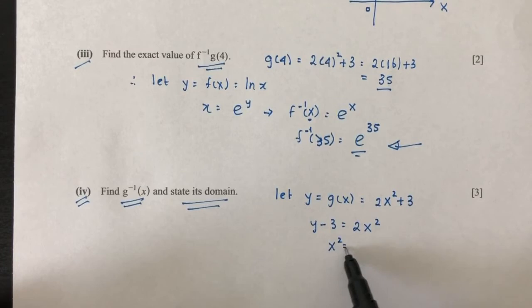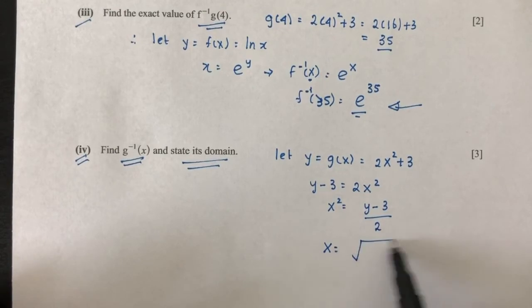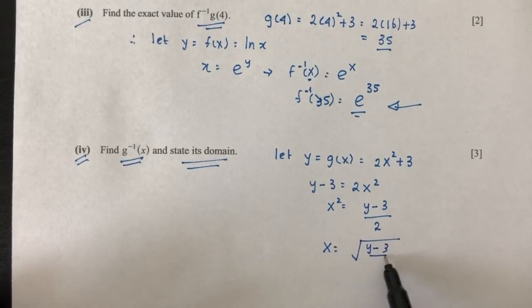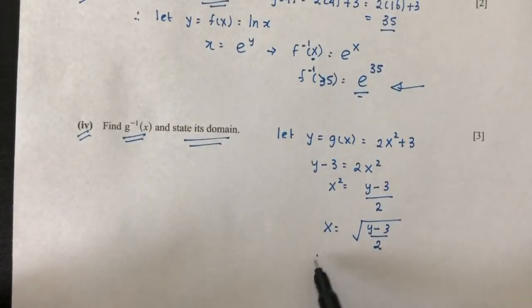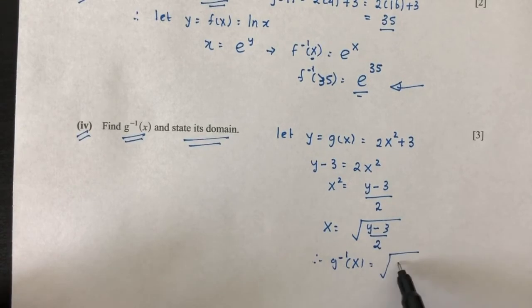So x squared becomes y minus 3 divided by 2, so x becomes the square root of (y minus 3) over 2. Now g inverse is in terms of x, so we change y to x. So that is my inverse of g.